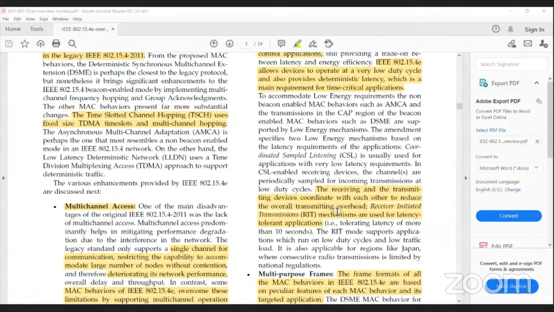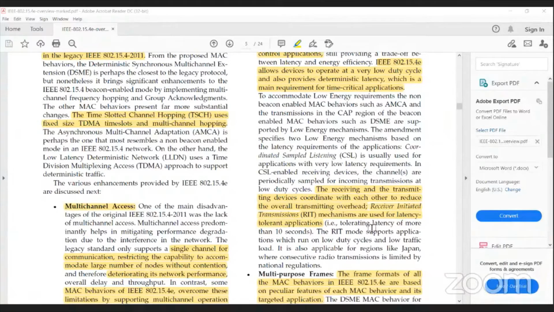RIT mechanisms are used for latency tolerant applications. So he's also telling you that you need a little leeway. You can do ACK-based if you have a little leeway, but in other cases you should perhaps do only transmission-based synchronization. Okay, so all these things are mentioned there.